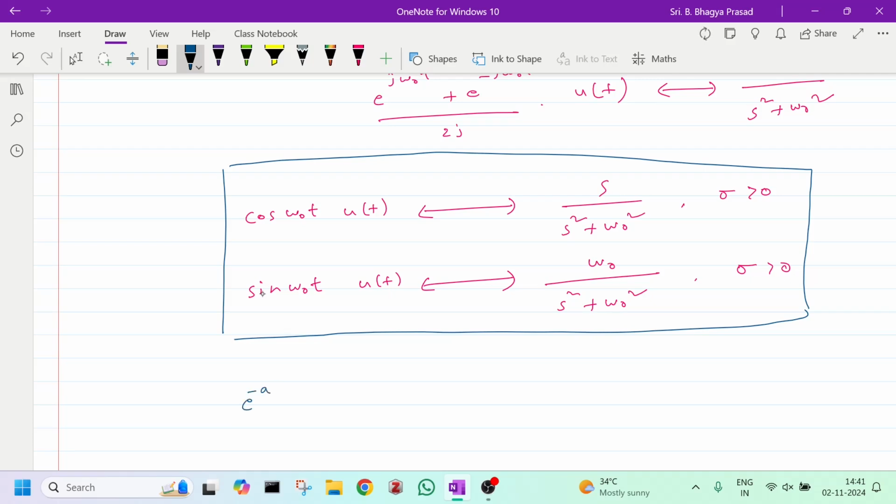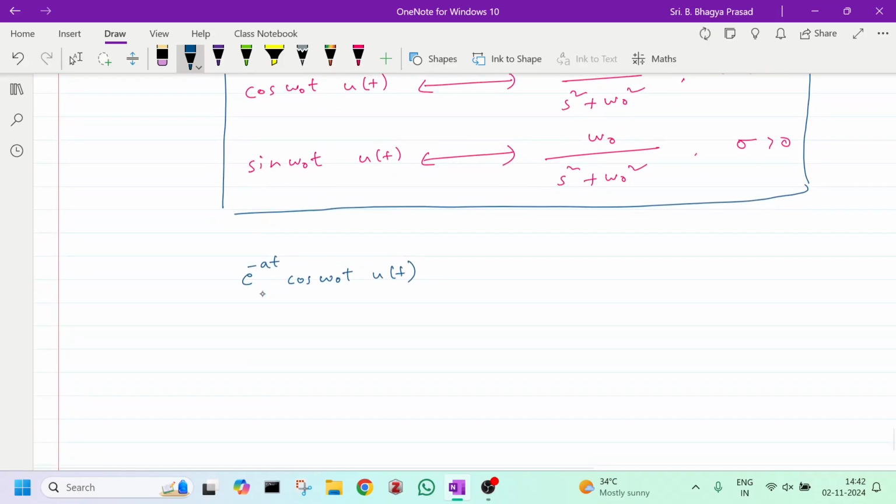Similarly, e power minus at cos omega naught t u of t. How can you find this out? Now here this is x of t, and this is again e power minus at. Again frequency shifting property, x of s plus a.